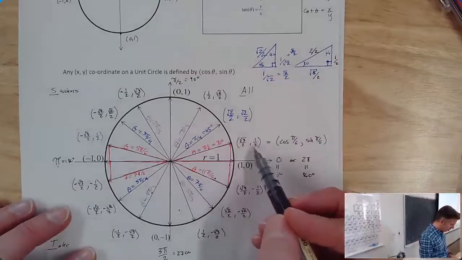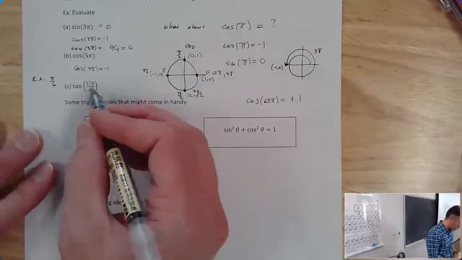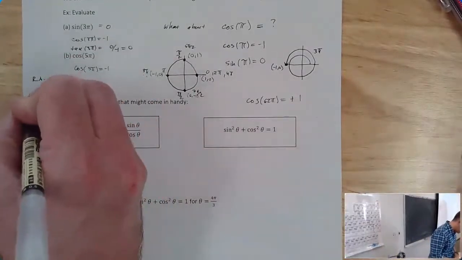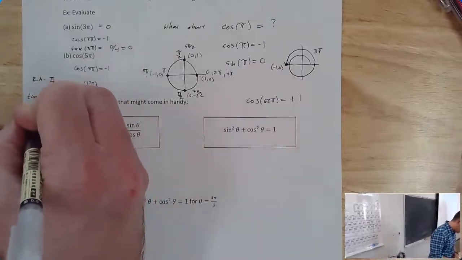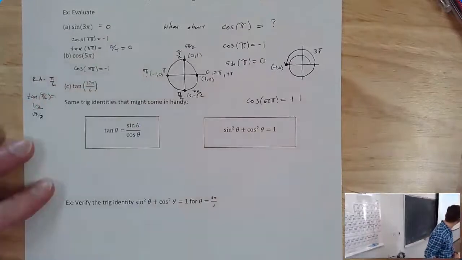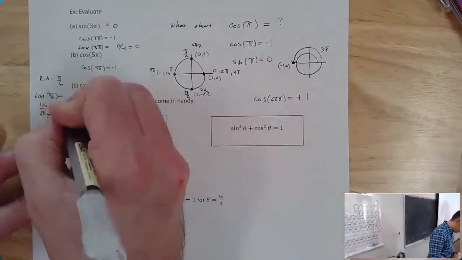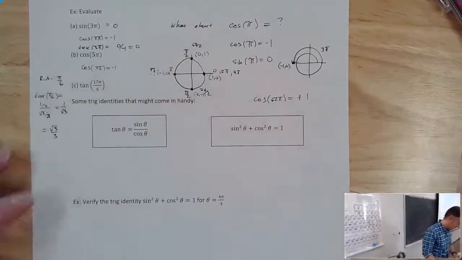I'm not even thinking about the actual angle yet. Tangent of pi over 6 is going to be the y value 1/2 over the x value √3/2, which simplifies to 1 over √3, which rationalizes as √3/3.